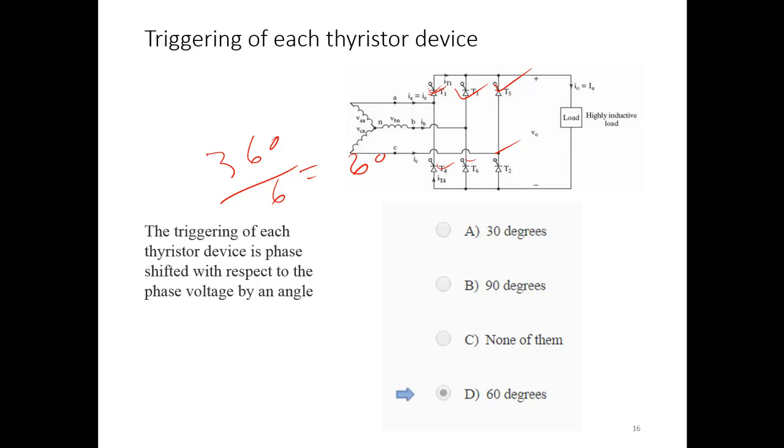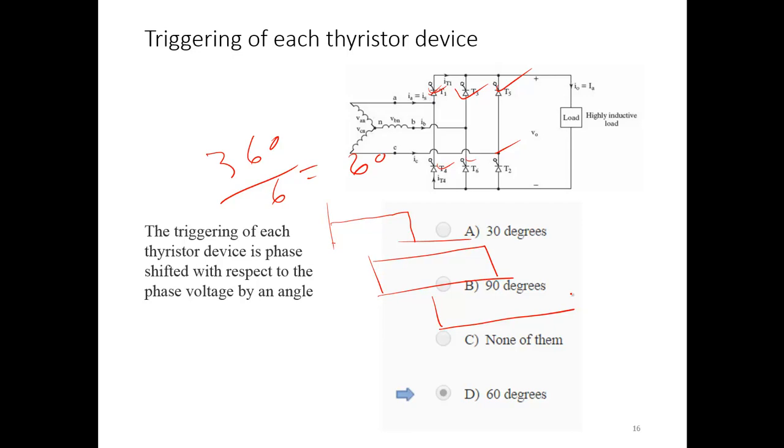There are 6 of them, and 360 divided by 6 is 60 degrees. The first one starts there and conducts 120, then the next one is delayed by 60, and the third one is delayed by another 60. That's why you go for that.